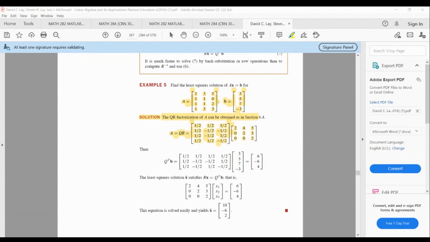So how did they get this QR factorization? They're saying the matrix Q is a matrix with orthonormal columns, but how did they construct that matrix Q from the matrix A? What procedure do they use from section 6.4? The matrix A has 3 column vectors that live in 4-dimensional space.